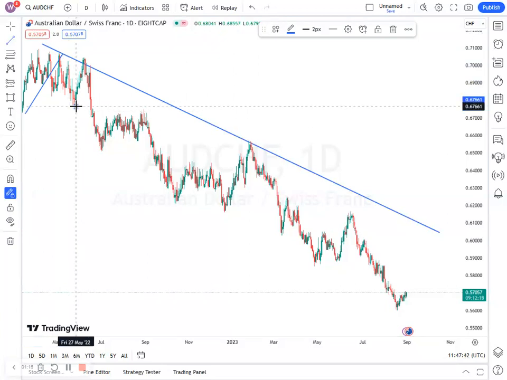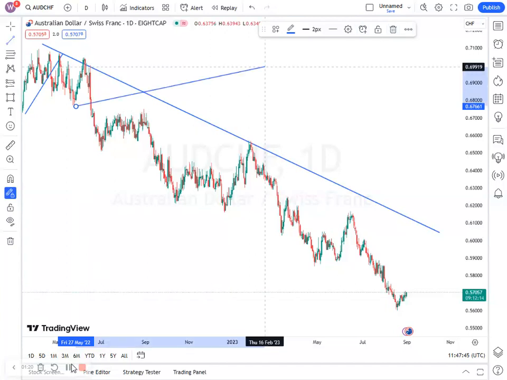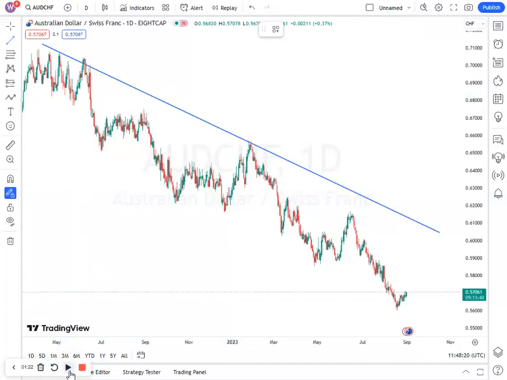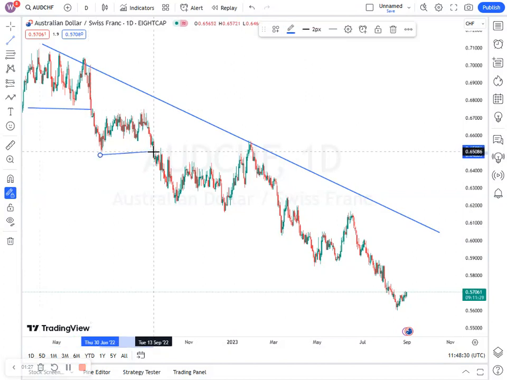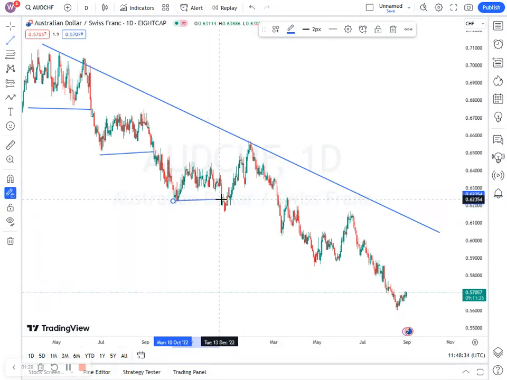Sorry, let me move this. You can see that this pair is making lower lows. The first low, a lower low to the downside. We have another lower low again.